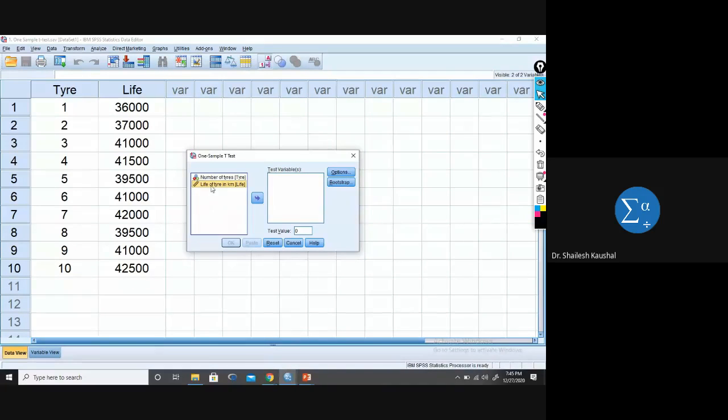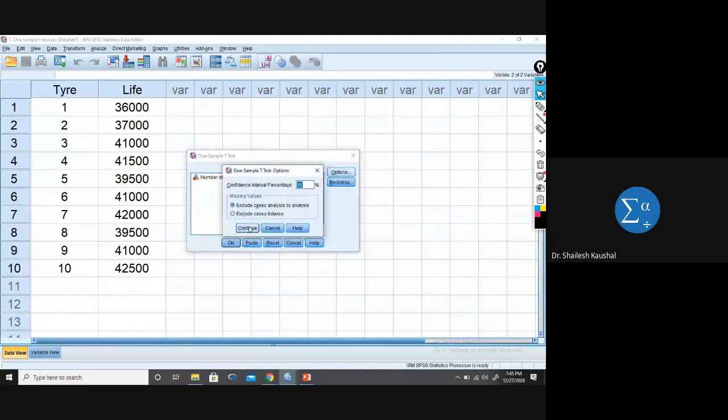I am selecting life of tires and transferring it to the Test Variable box. The test value is 40,000, so I am writing 40,000 here. Nothing to do in Options, just click OK.